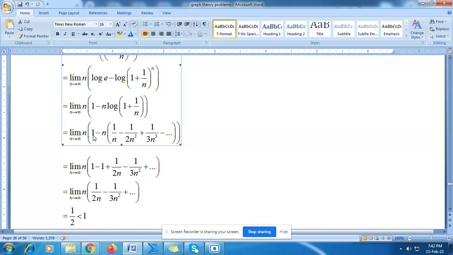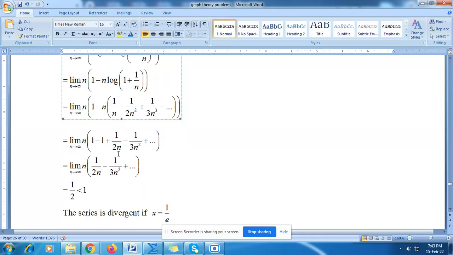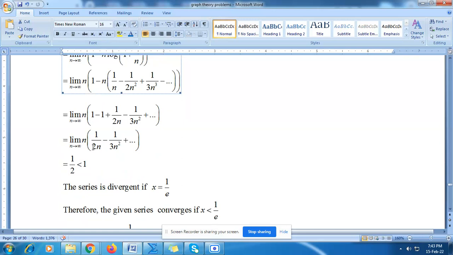That is 1 − n[1/n − 1/(2n²) + 1/(3n³) − ...], so n into 1/n is 1, n into 1/(2n²) is 1/(2n), and n into 1/(3n³) is 1/(3n²). 1 minus 1 got cancelled. We have 1/(2n) − 1/(3n²) + and so on. When you multiply by n for both terms, what happened? 1/2 − 1/(3n) + and so on.